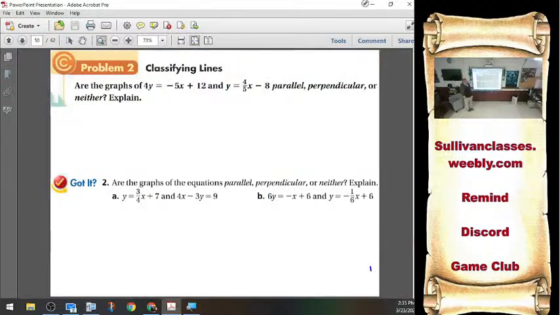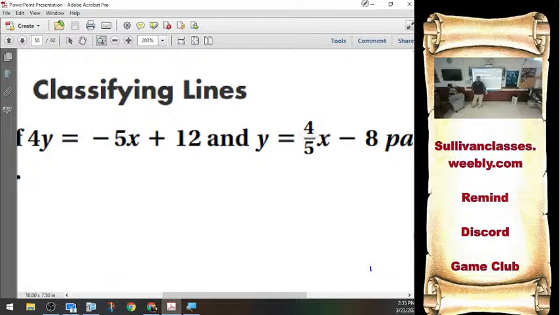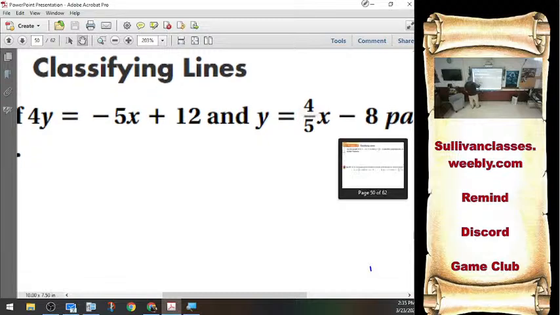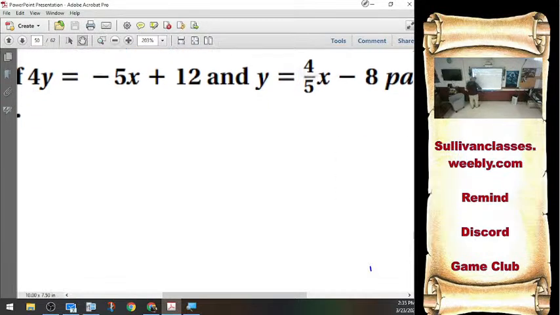Okay, so these ones, they don't even want you to graph anything. They don't want you to do much of anything other than just tell me what kind it is. Are they parallel, perpendicular, or neither?